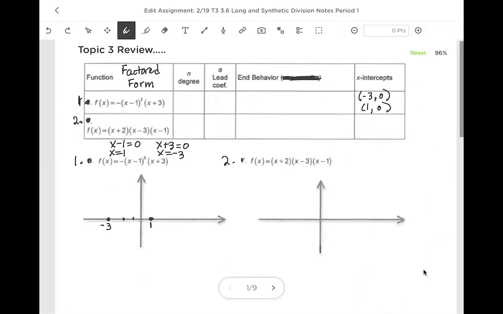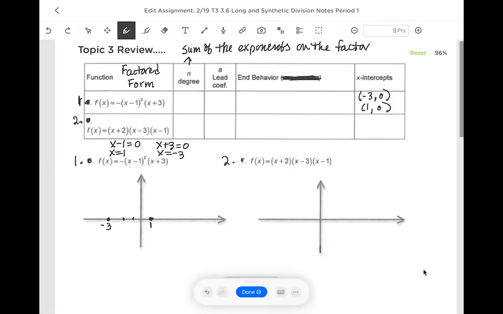Then I need to determine the degree of this polynomial. Now, when you're in the factored form, the degree of the polynomial is the sum of the exponents on the factors, right? So let me write that up above. It is the sum of the exponents on the factors.